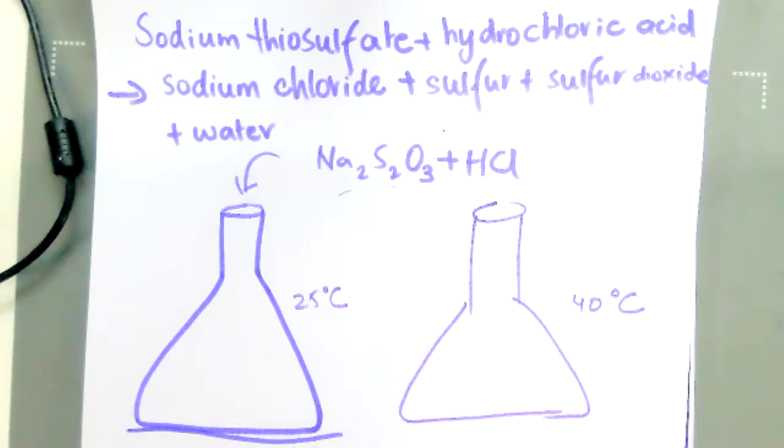So this is how we will follow the rate of reaction. The dimmer the cross gets, the more sulfur is being formed, so the reaction is proceeding forward. And this is another picture.